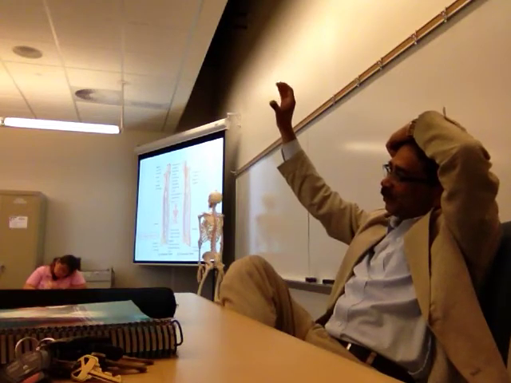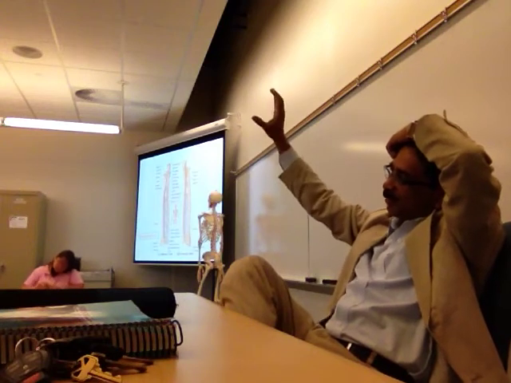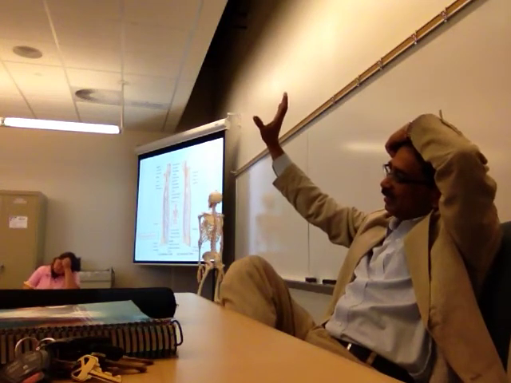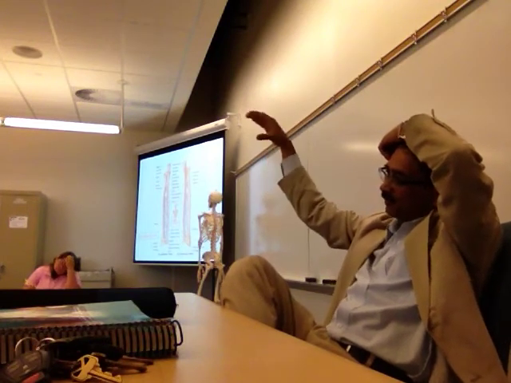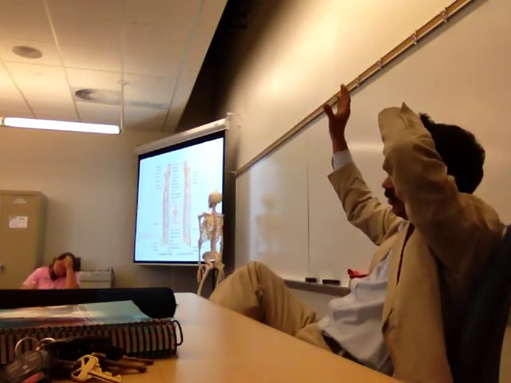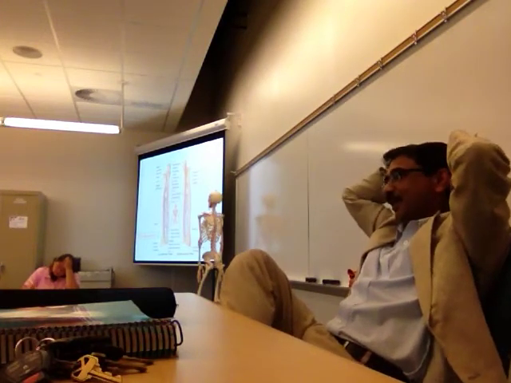That means the olecranon process, upper jaw, will go inside the olecranon fossa, and coronoid fossa, this lower jaw, will go inside the coronoid fossa. Okay? So that's why the fossas are called olecranon fossa and coronoid fossa in the lower end of the humerus.